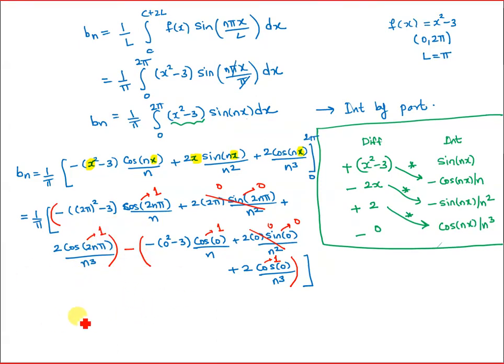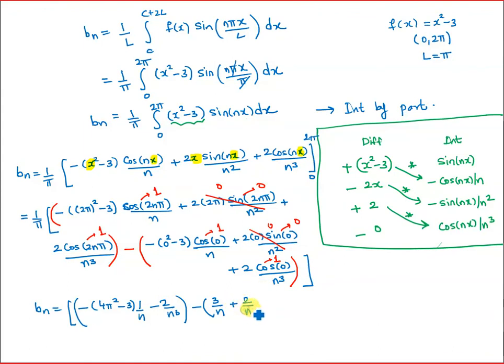So this gives you Bn equal to minus of (2 pi) square gives you 4 pi square minus 3. This cosine 2n pi is 1 over n. Second term cancels here. 2 over n power 3, minus the first term: minus and minus become plus 3, and this cos is 1, so 3 over n, and plus 2 over n power 3.